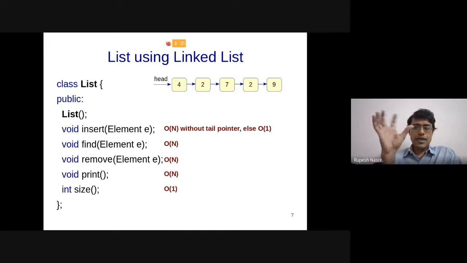So this is also, in some sense, a space-time trade-off, because I'm keeping an additional variable, which means that I'm requiring additional space to reduce the complexity of the insert. Of course, the insert will become a little complicated now, because initially both head and tail will be empty. As soon as I add the first element, you should update not only head but also the tail.